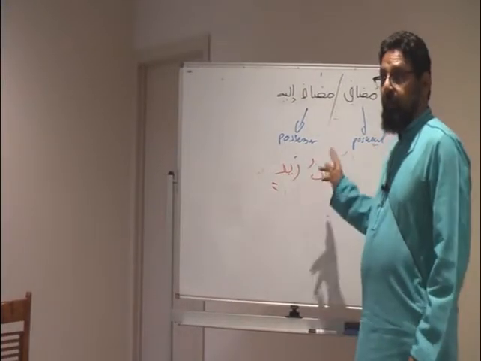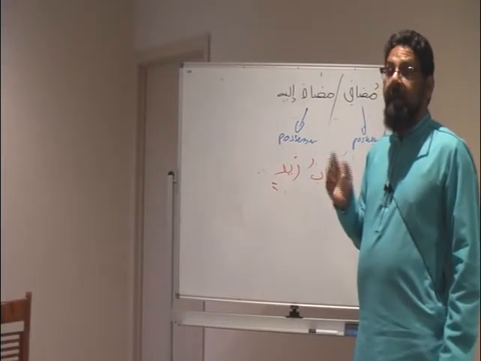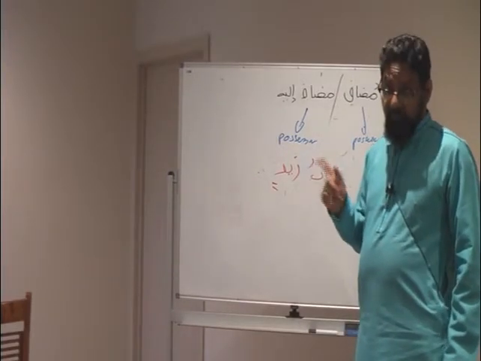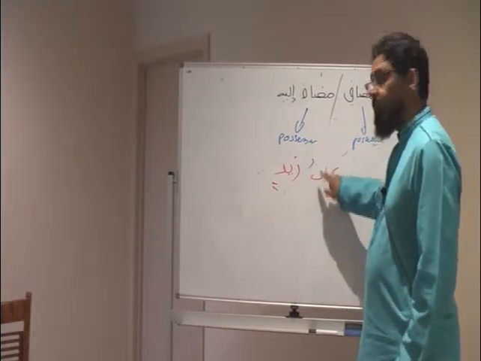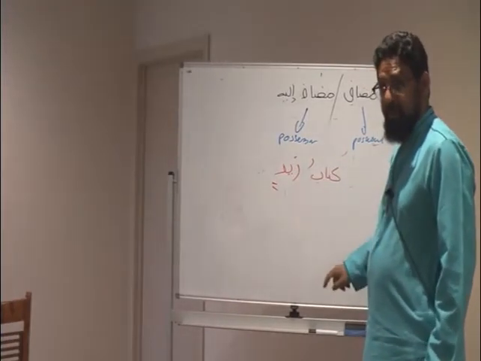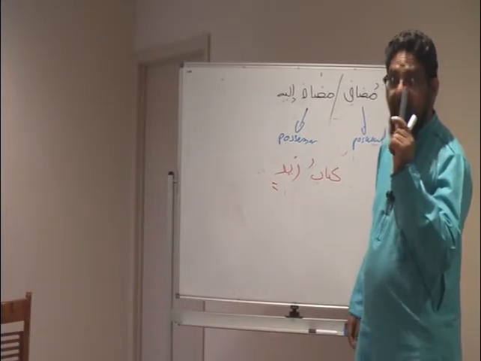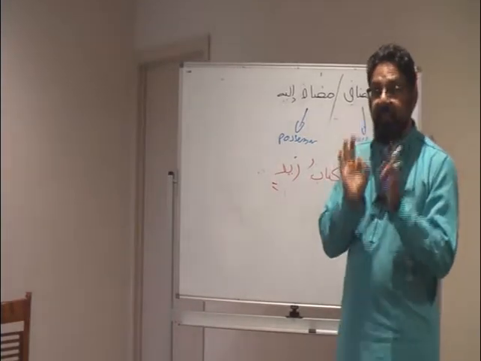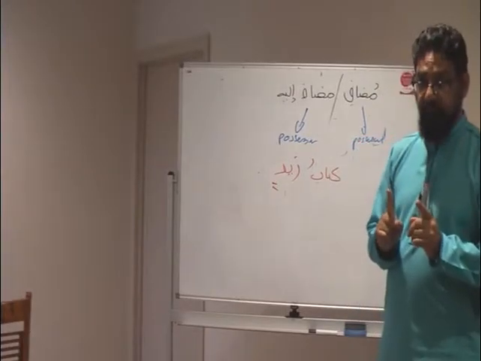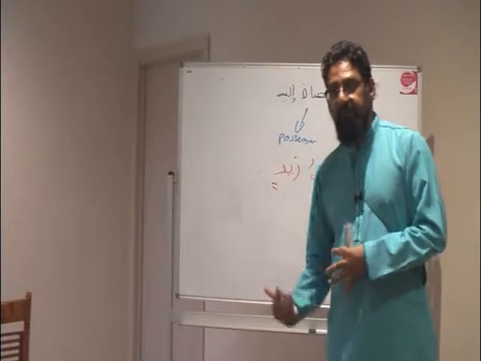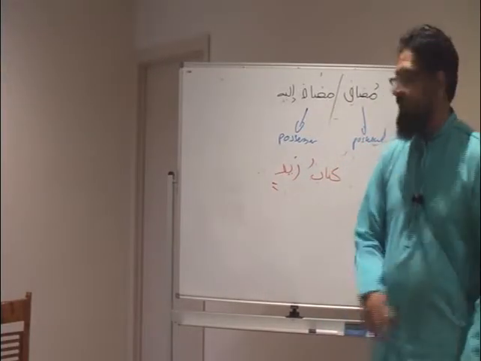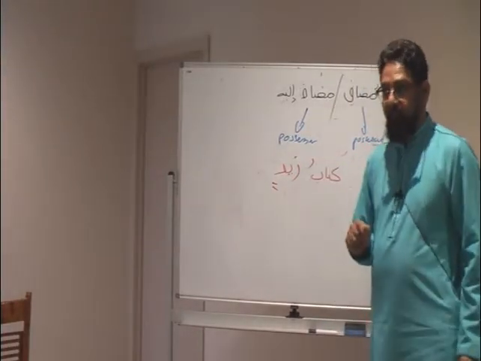It could be kitabu, kitaba, or kitabi, depending on what's coming before it. So it can have an altered grammatical state, but it's always a single vowel. This is the key thing, the singularity of the vowel, because normally nouns are expressed in tanween or in definite or indefinite. These are always single.